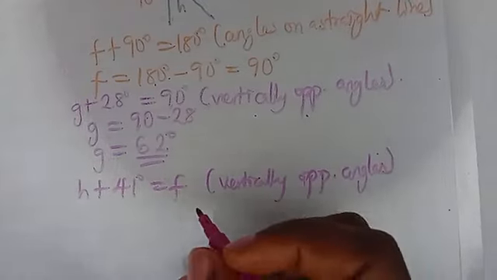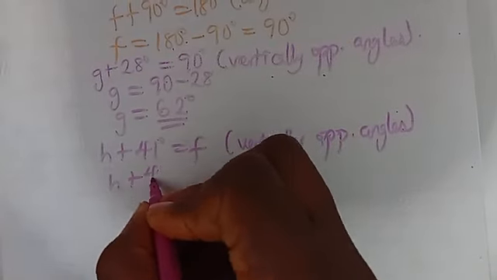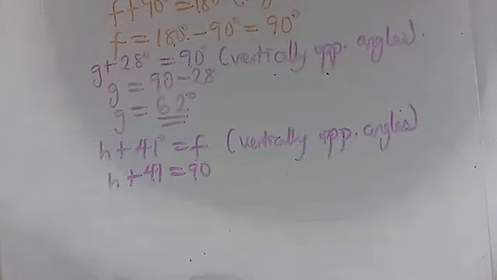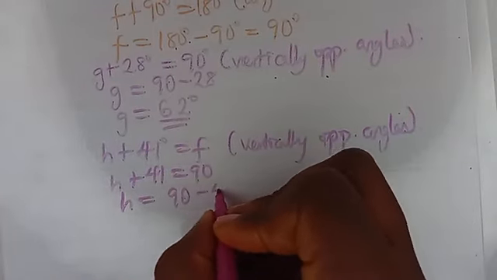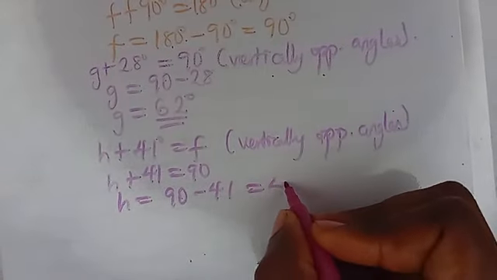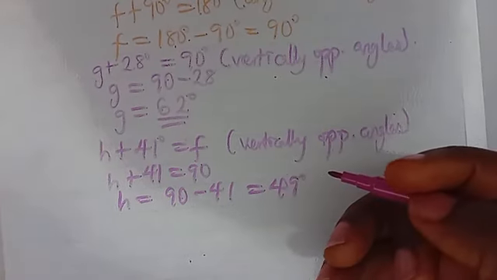And then I'll now say that H plus 41 is equal to 90. Remember that angle F is 90. So angle H is equal to 90 minus 41, which is equal to 49 degrees. So angle H is 49 degrees.